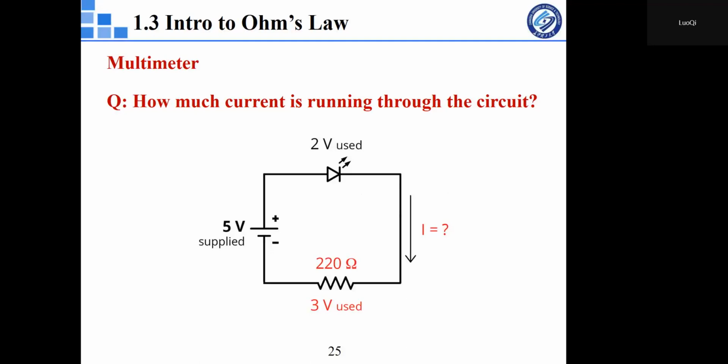So you should have 3 equal to I times 220.